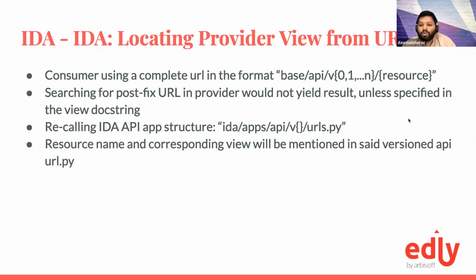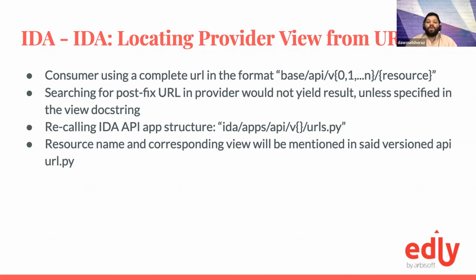Next, we'll see how to identify the endpoints in the provider. So the consumer is using a complete URL in the format of base provider URL, API, version, and then the resource. Now, in the provider, if we recall the IDA API app structure, the views and the URLs are broken down. So on top level, we'll have IDA followed by apps, API, version, urls.py.